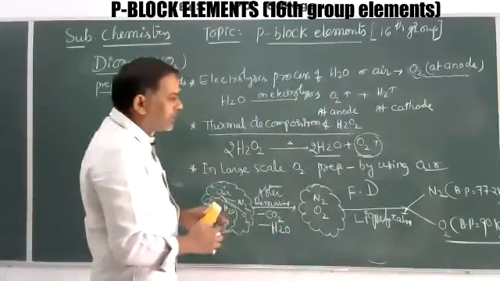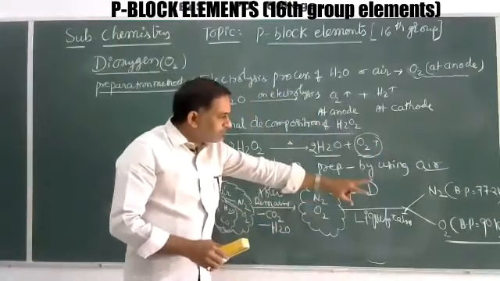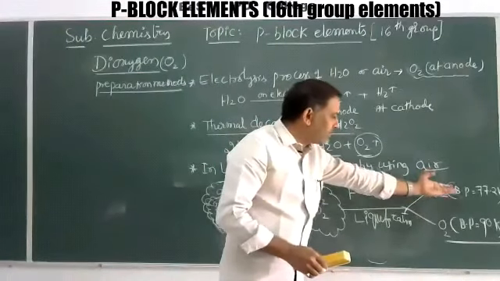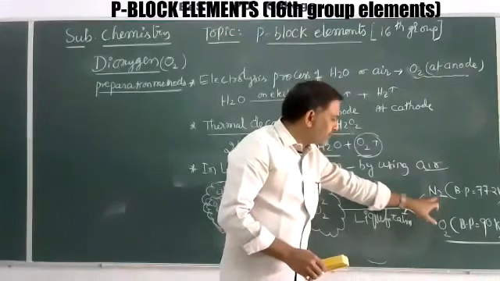By varying the temperature, we can first easily evaporate and separate nitrogen gas at 77 kelvins.